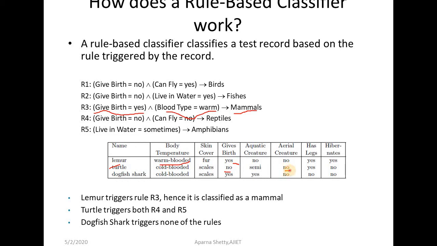Aerial creature, no. So gives birth is no and aerial creature is no. So both these conditions are satisfied. Gives birth is equal to no and can fly is equal to no. Hence you can classify it as reptiles.